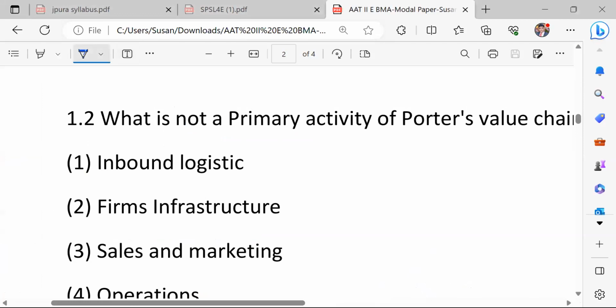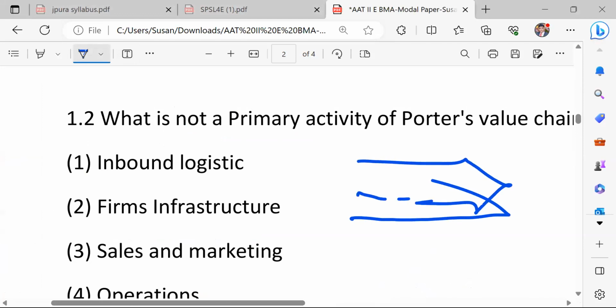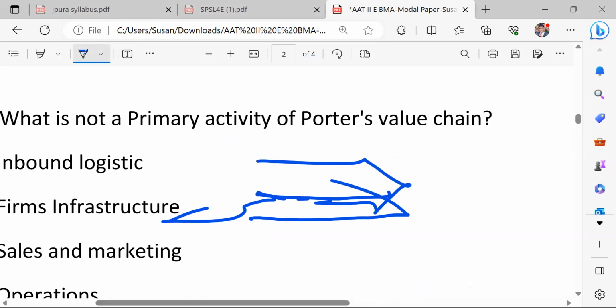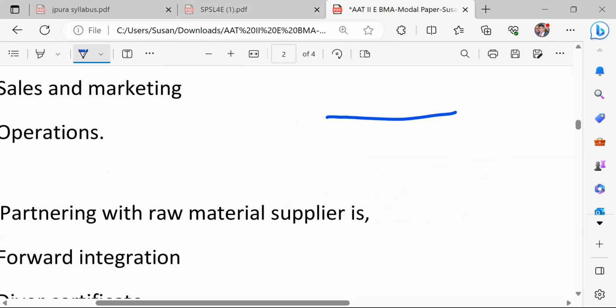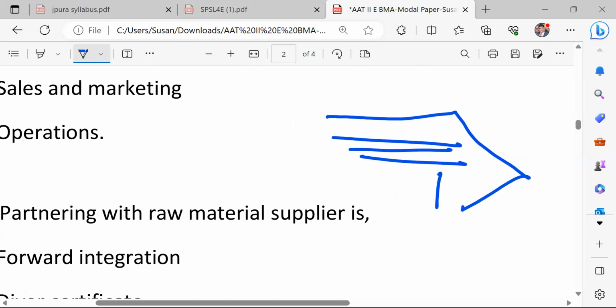Now I'm going to draw that. There are primary activities and support activities.